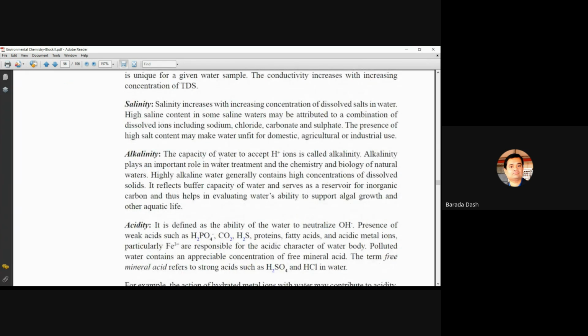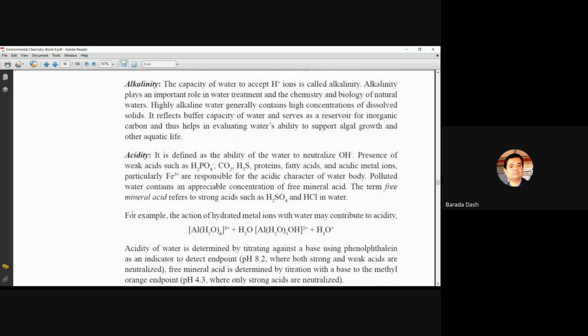Alkalinity: the capacity of water to accept protons, H plus ions, is called alkalinity. Alkalinity plays an important role in water treatment, and in the chemistry and biology of natural water. Acidity is defined as the ability of water to neutralize hydroxyl ions. The presence of weak acids such as phosphates, carbon dioxide, hydrogen sulfide, proteins, fatty acids, and acidic metal ions, particularly iron 3 plus, are responsible for the acidic character of the water body.